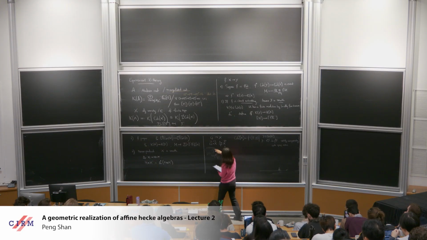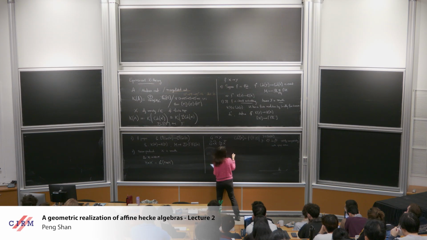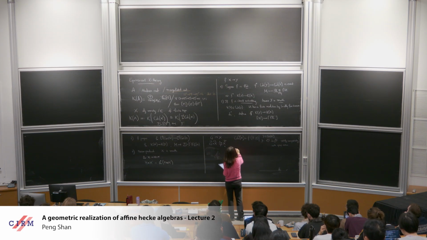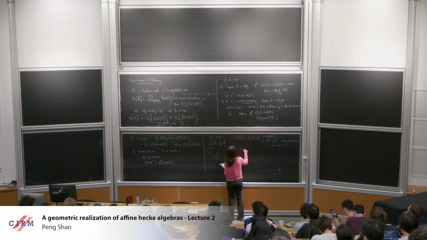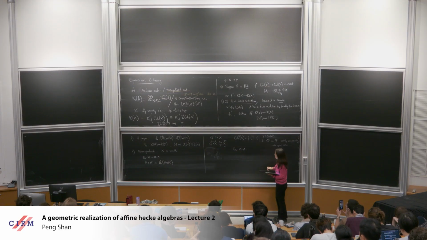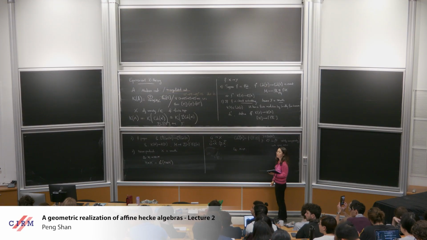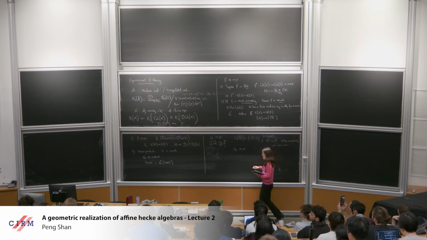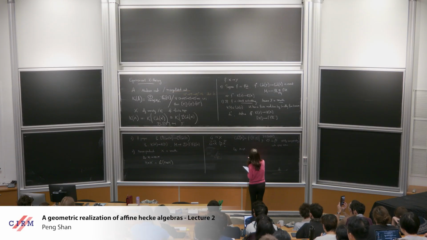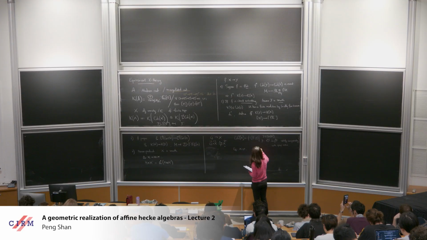Maybe just to get an idea, a good example to think about is when X is a point. Then a coherent sheaf on a point is just a finite dimensional vector space.